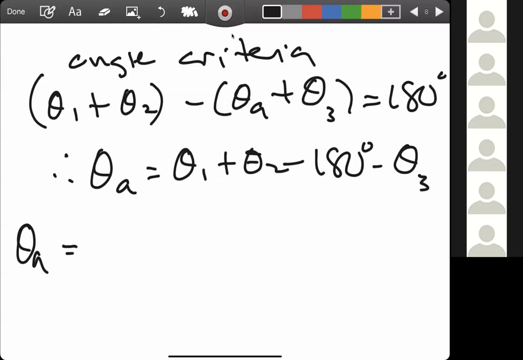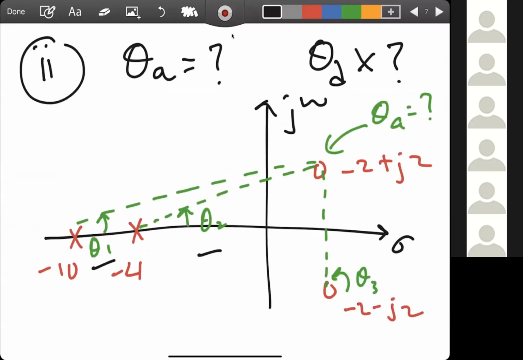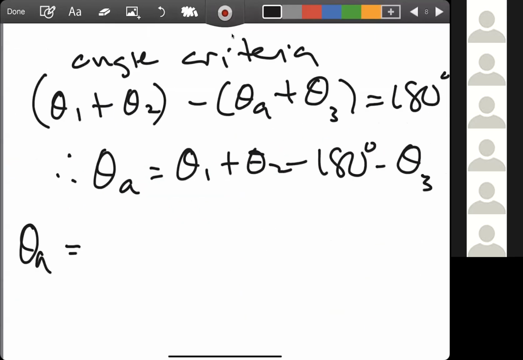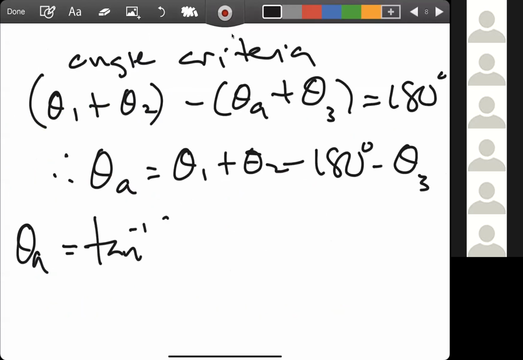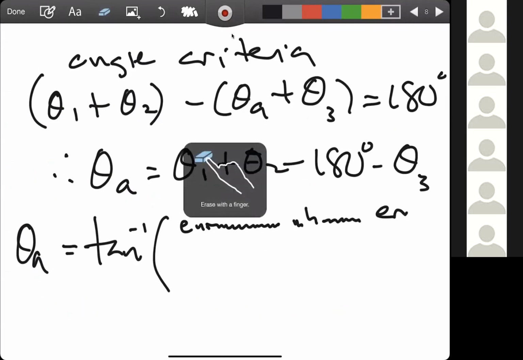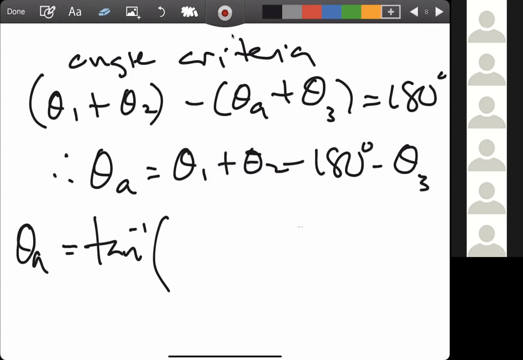Natrah. Theta 1, this is theta 1. Berapa? Tangent inverse 2 over 12.